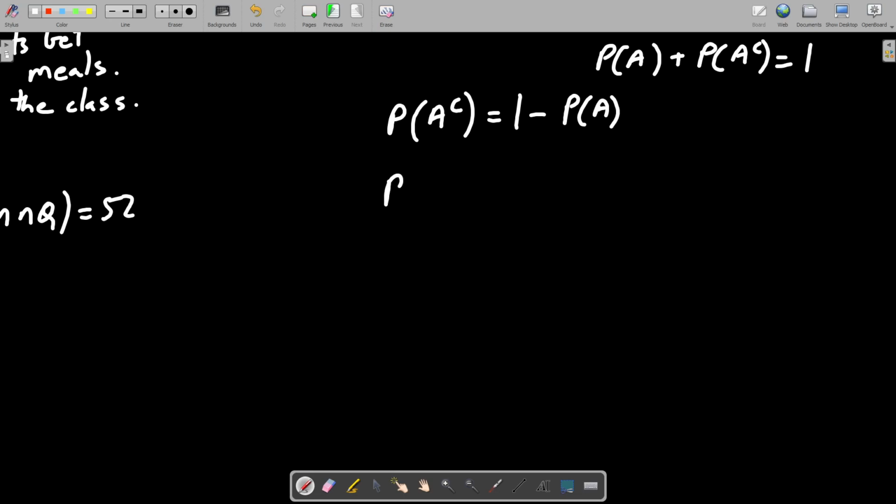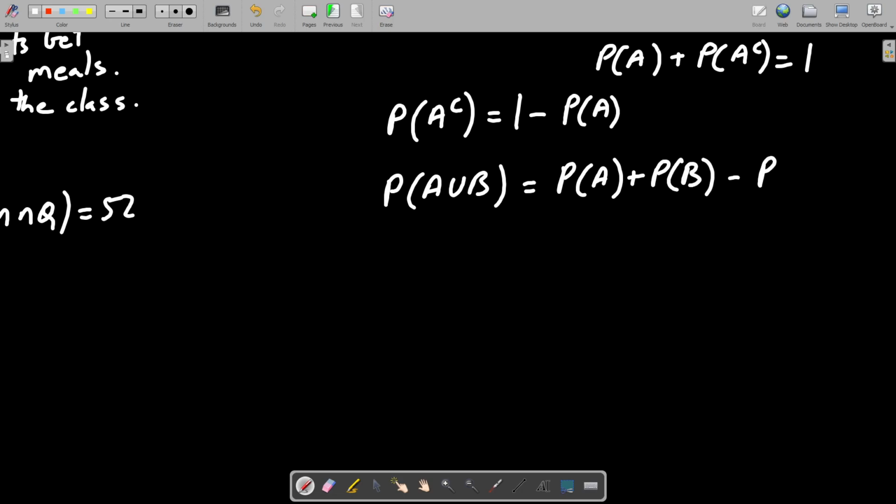Another thing you all have to keep in mind is that the probability of A union B is equal to probability of A plus probability of B minus probability of A intersection B. So in this case, what should be the probability of A intersection B? Easy question.